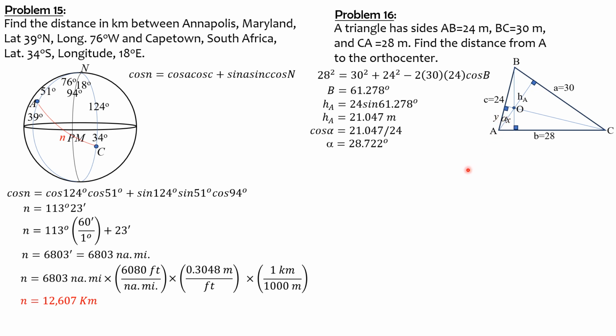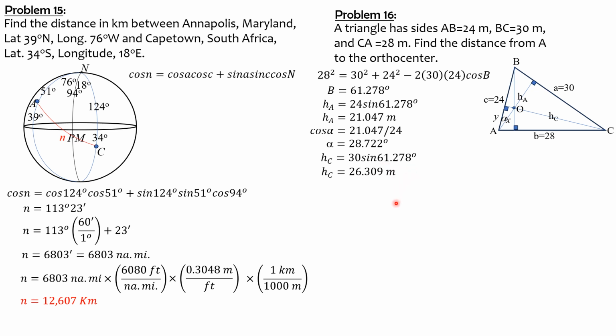So that's the plan. So we first solve for H sub C, and H sub C in this right triangle is equal to 30, the hypotenuse, sine of angle B, because H sub C is also opposite to angle B. So H sub C is equal to 30 sine of angle B, 61.278 degrees.